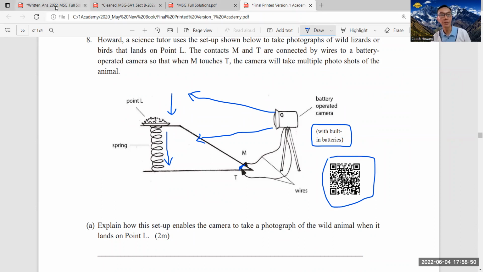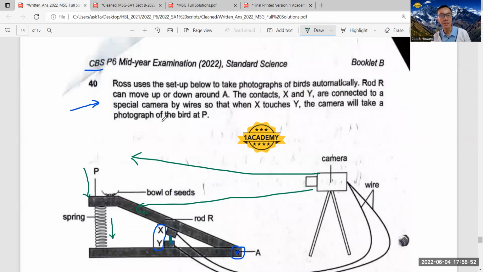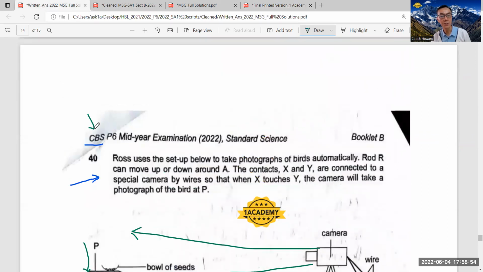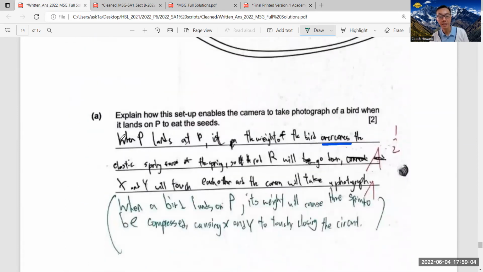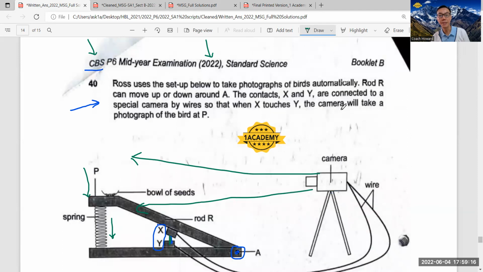Coming back to this question, which appears in the Christian Brothers School paper this year. It's actually from St. Stephen's in the Marine Parade area. So look at the student answer. He got half a mark deducted because he left out this part.